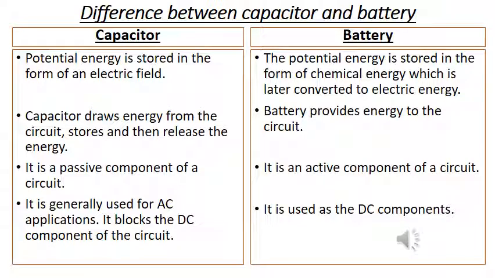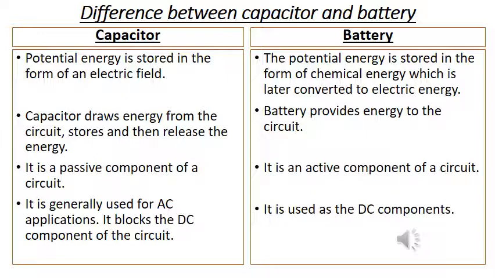Here we are going to discuss the differences between capacitor and battery. First, in capacitor, potential energy is stored in the form of an electric field, and in battery, the potential energy is stored in the form of chemical energy, which is later converted to electrical energy.